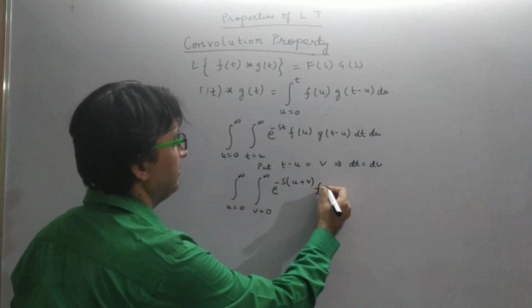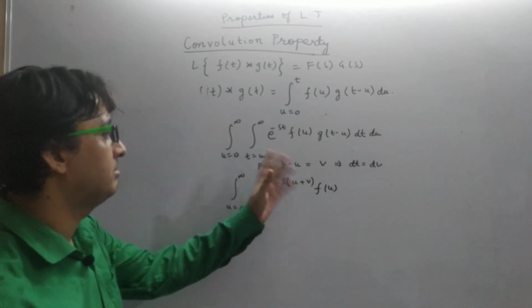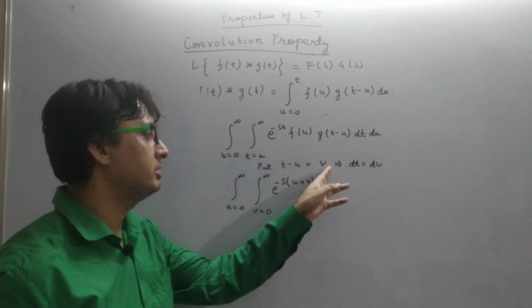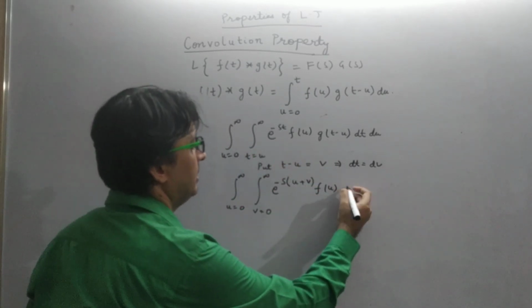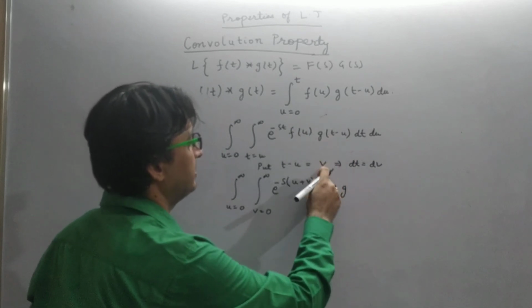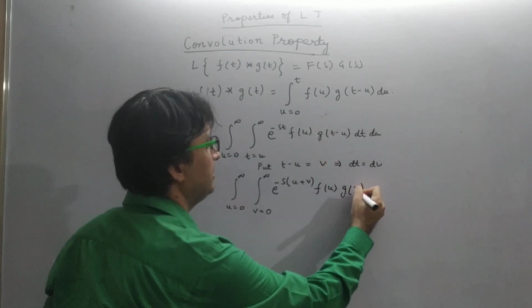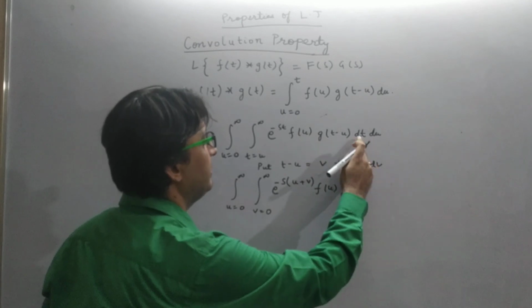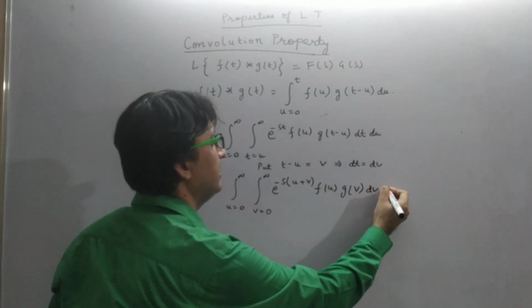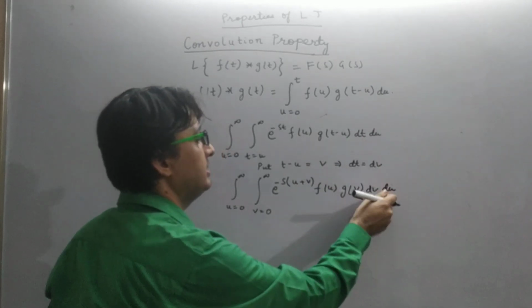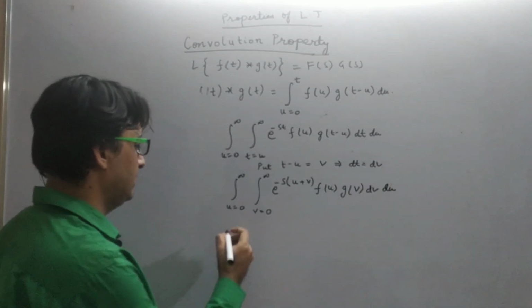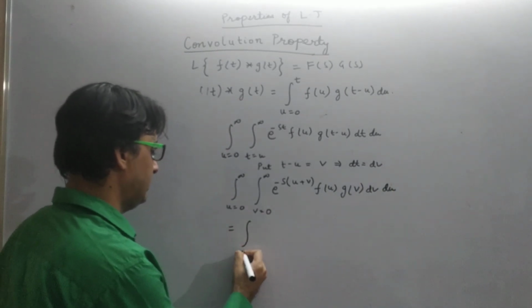We can write f(u) as f(u) because we are changing t with respect to v, not u, and t minus u is v, so this becomes g(v). In place of dt we get dv, and du is just copied as it is. So this becomes our integral.